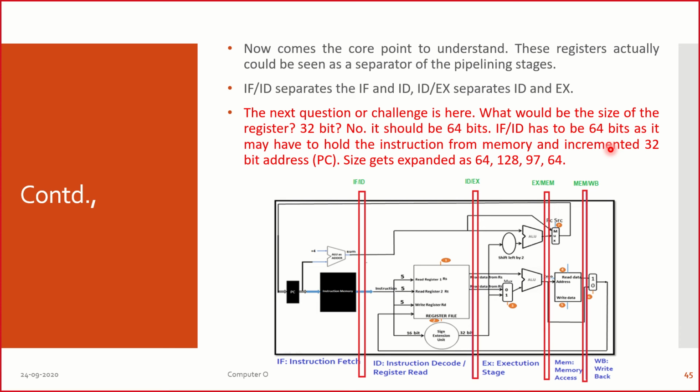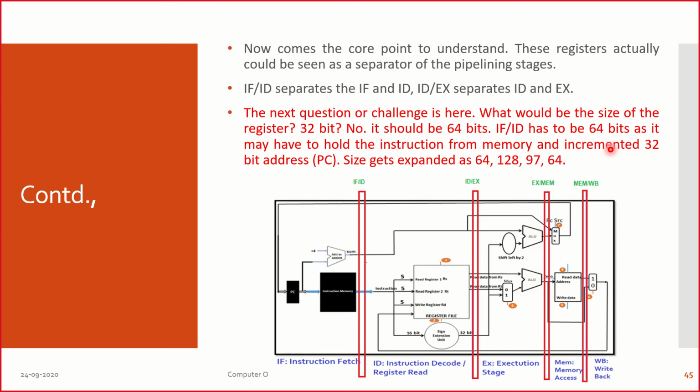Now, there is a very important point to be understood right now. What is the size of the register? Sir, can we keep it as 32 all over, sir? No, you cannot keep it that way. The size of the register is to be understood properly. The size of the registers cannot be consistent at just 32 because I may have to hold the content from the previous stage and I may have to hold the content for the next stage.